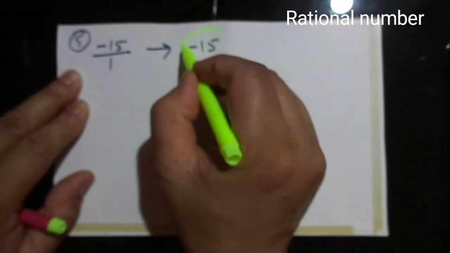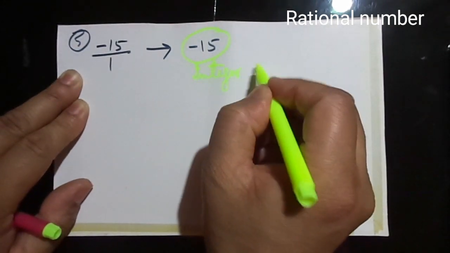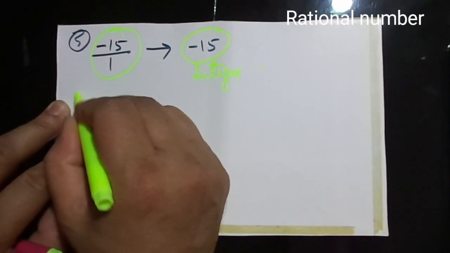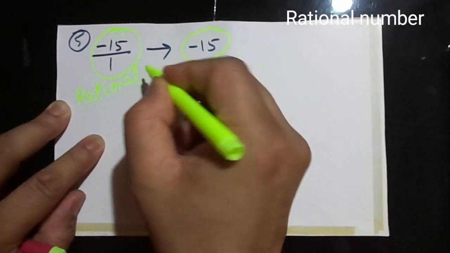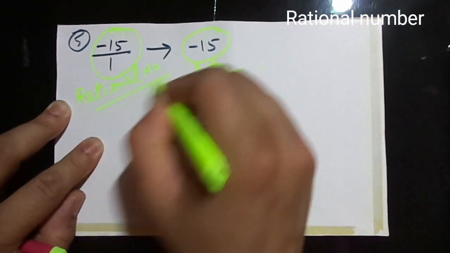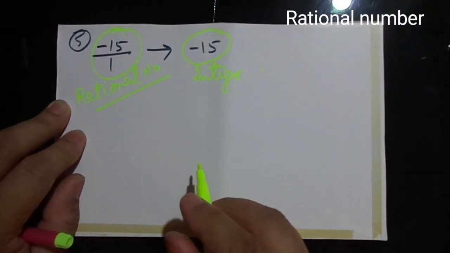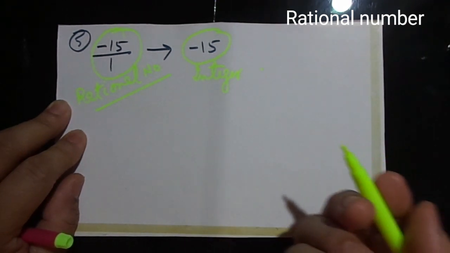When you talk about just minus 15, it is in integer form, while the other is a rational number, in rational form. So if you are given numbers like 23 by minus 1, that is minus 23.